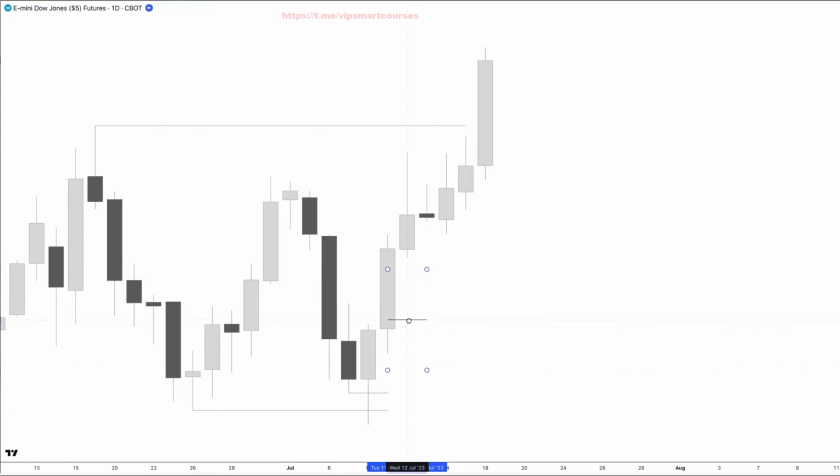So we mark out the whole entire range of the expansion candle. And we want to see C4 be in respect of the upper half of this expansion candle, as you see it does, right? It expands, takes out this failure swing high, creates another failure swing as the overall draw on liquidity has not been taken.